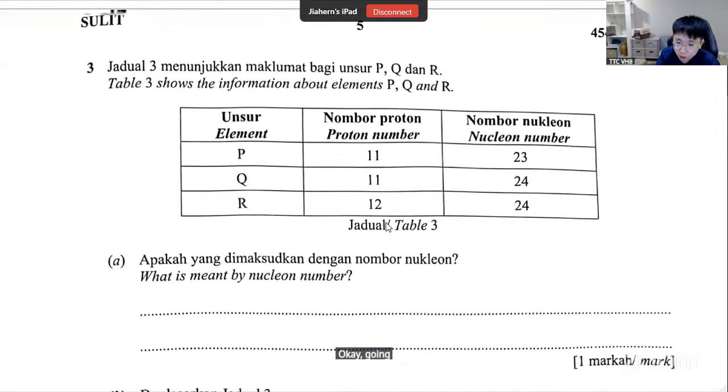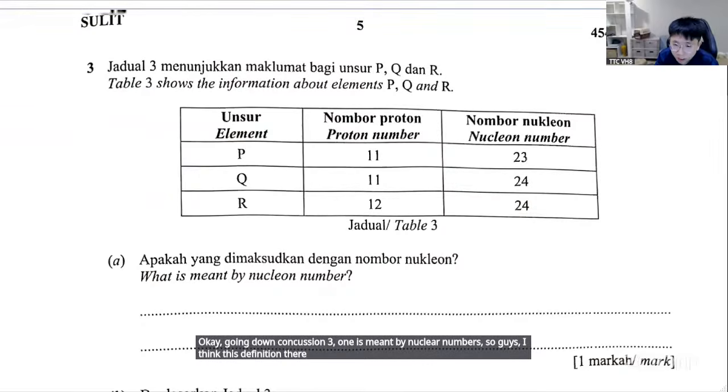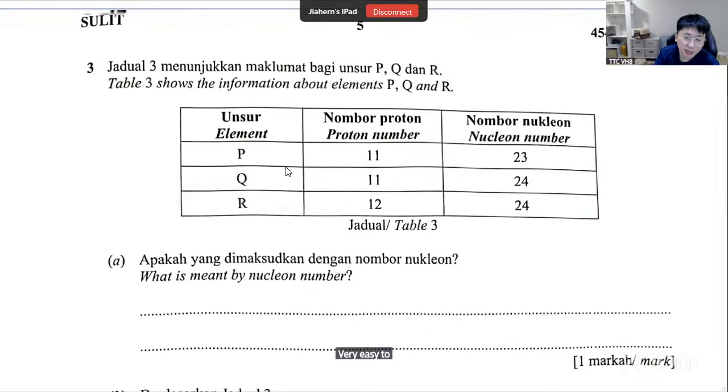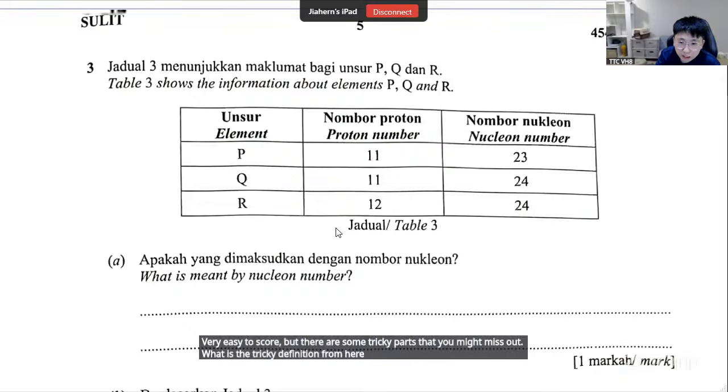Going down on question 3, what is meant by nucleon number? So guys, I think this definition you all have had in your mind for a very long time already, since Form 4, the first exam. I always ask you all to memorize this. If it doesn't come out in SPM, very easy to score. But there is some tricky part that you might miss out. So what is meant by nucleon number?